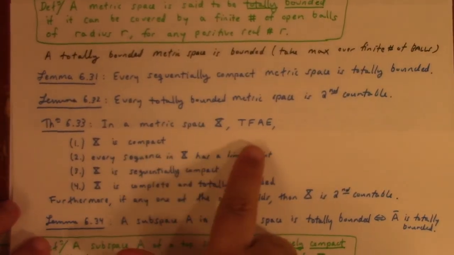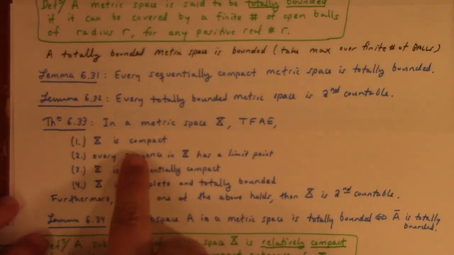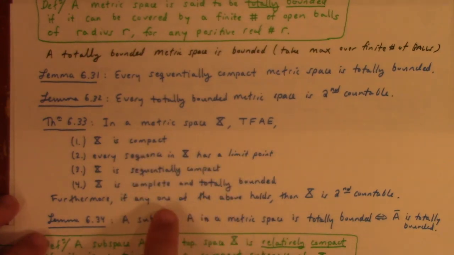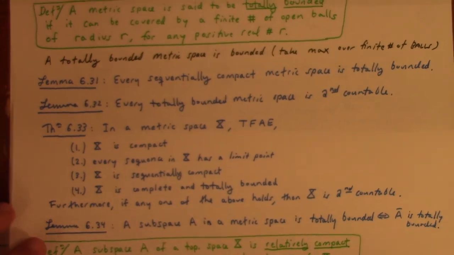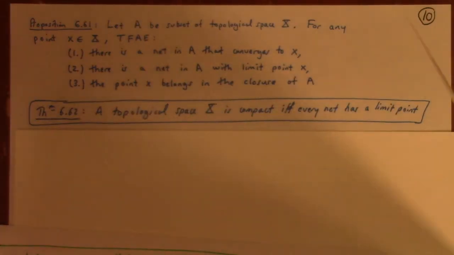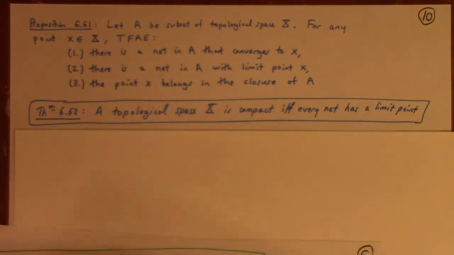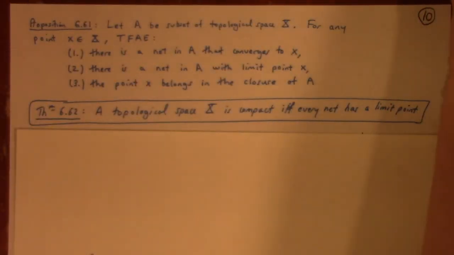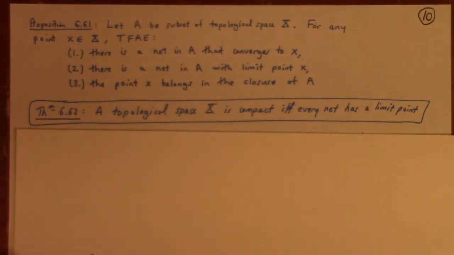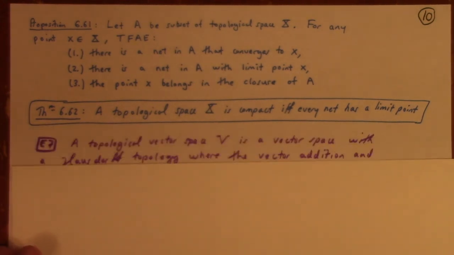In a metric space, X is compact is equivalent to X is sequentially compact, right? So that was in the metric space. I don't know if that's the closest we can get, but notice that there's no assumption of metric space here. It's just a topological space is compact if every net has a limit point. So no need for metric space here.